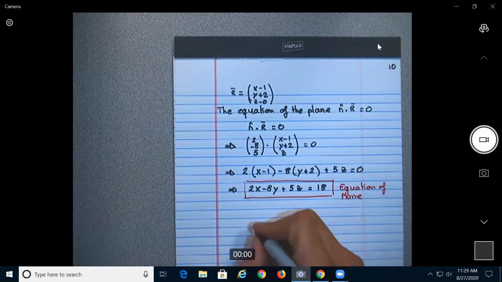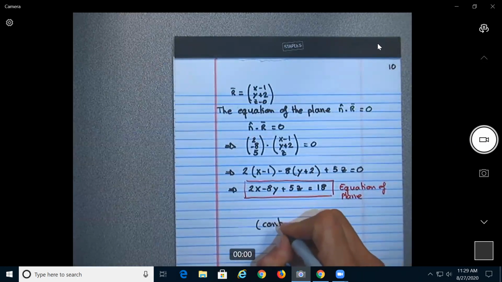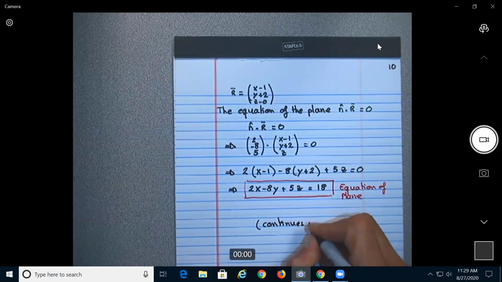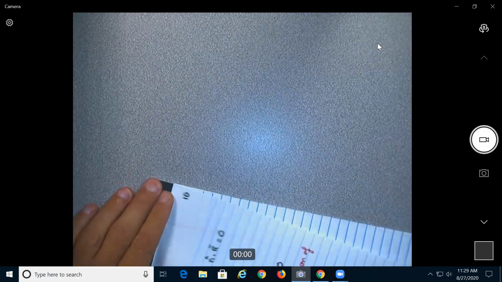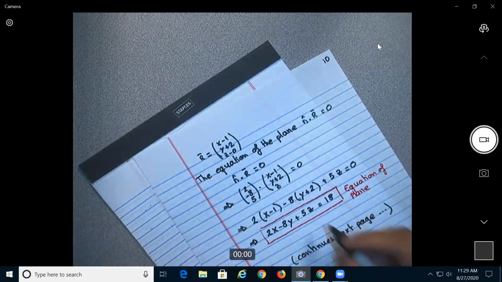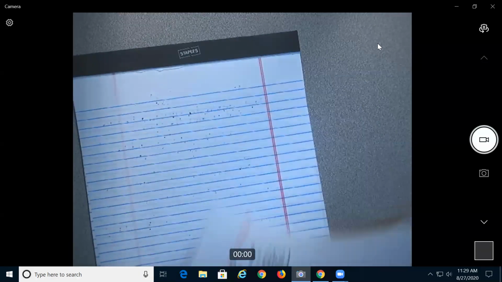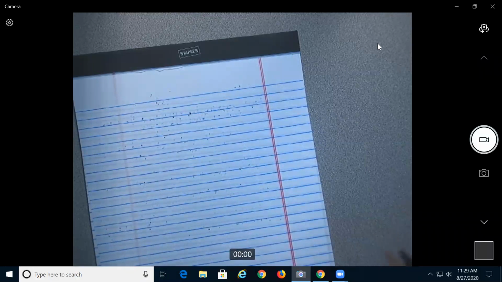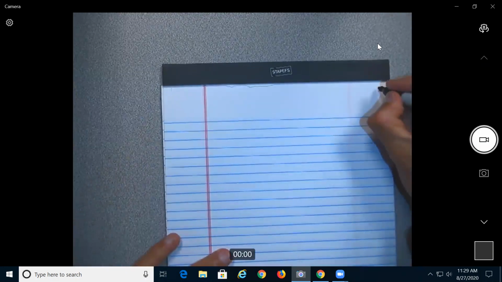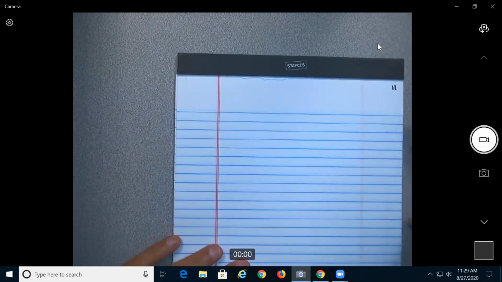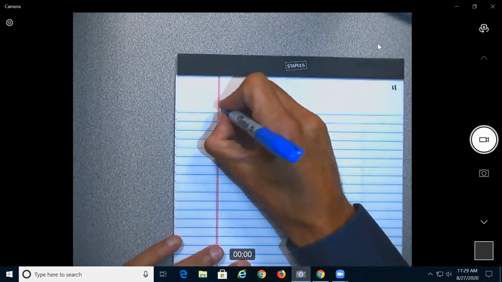Let me go to another page. Next page. Okay, so 11 will be another exercise or example.